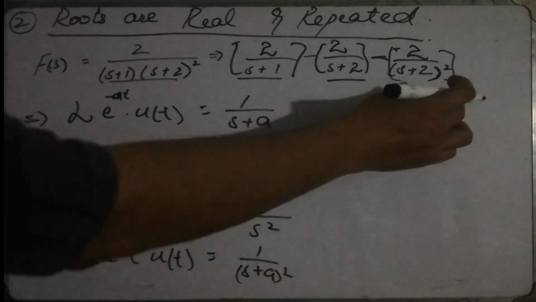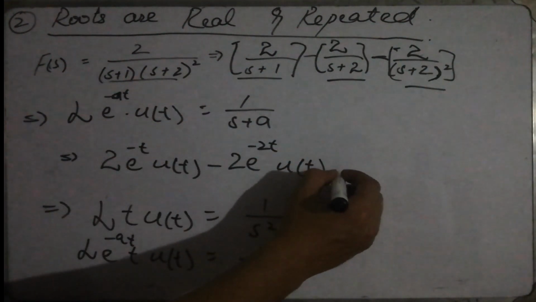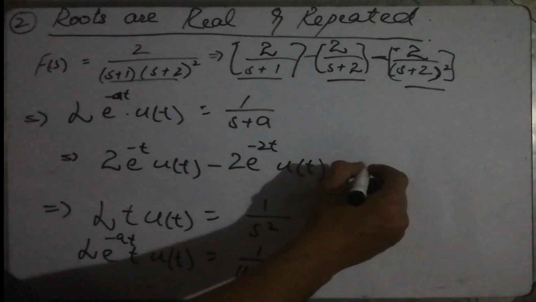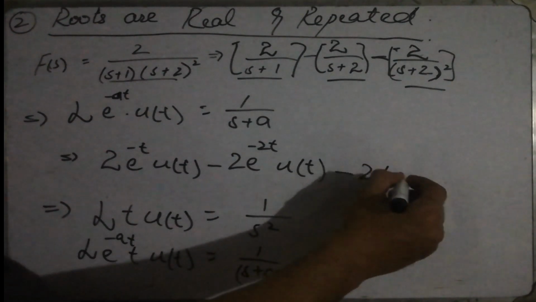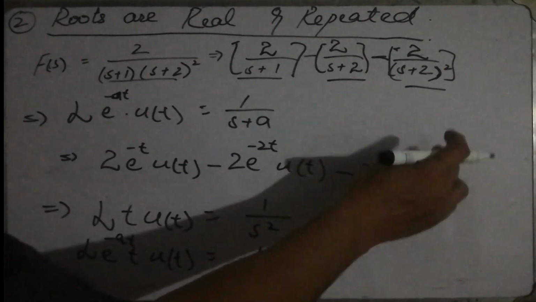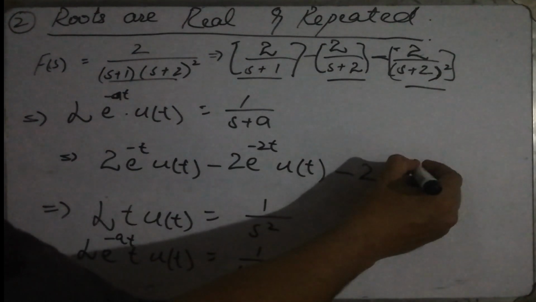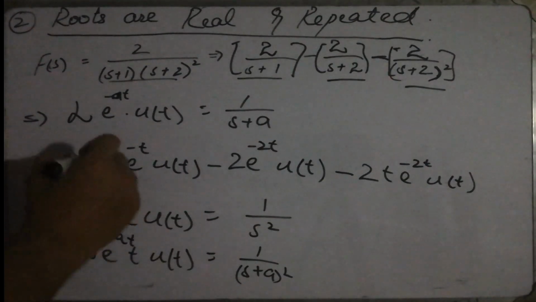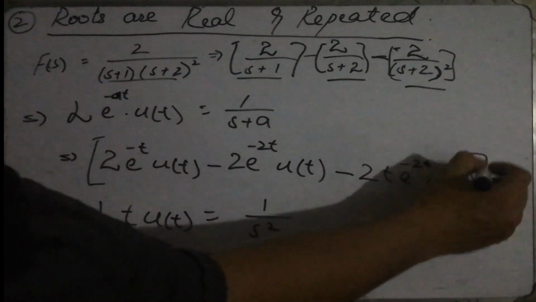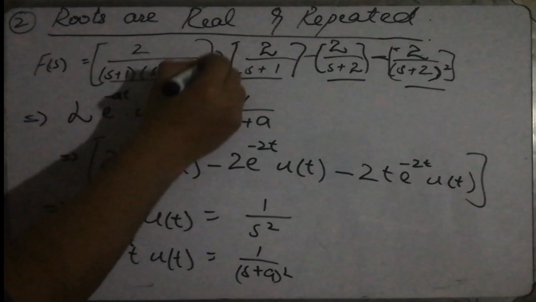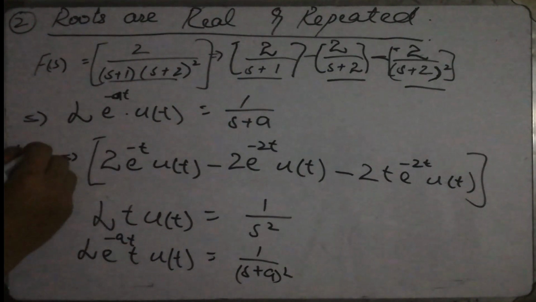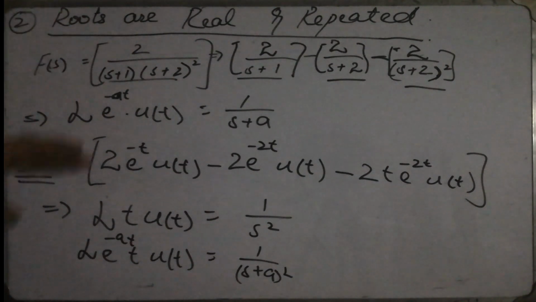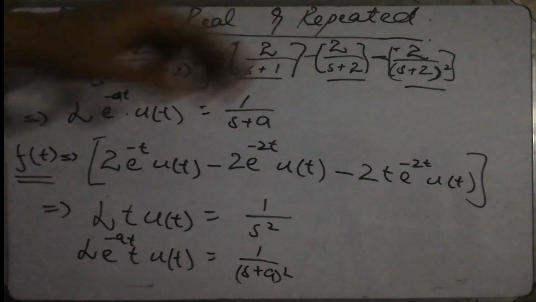Now it resembles exactly this function, so our Laplace inverse for this one would be 2t times e to the power negative 2t, as a is 2 in this case, times the unit step function, right? So this will be our final Laplace inverse for this function, which is then represented in the time domain, right? So this will be the procedure whenever we have real roots and they are repeated.